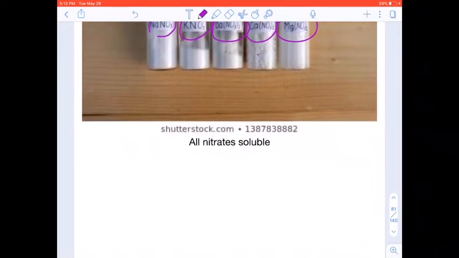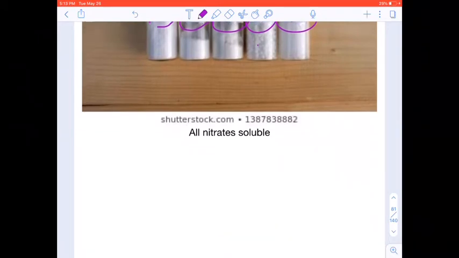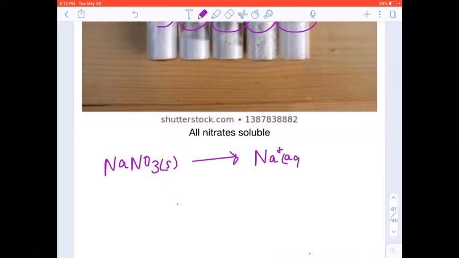Which would mean if I take, for instance, NaNO3 and we dissolve it in water, I could put water on the arrow, or I could write it like this: Na plus, NO3 minus aqueous. Okay?